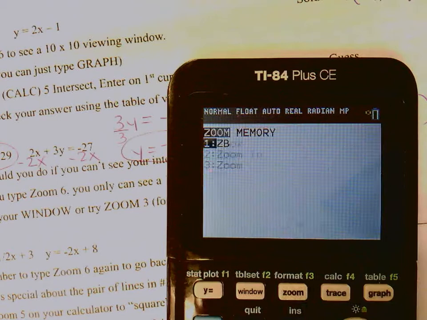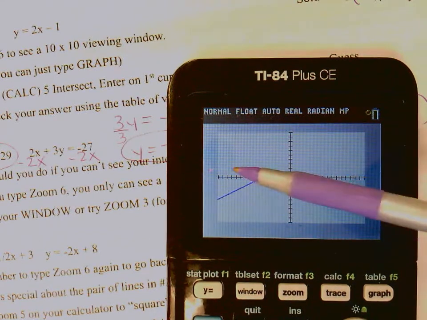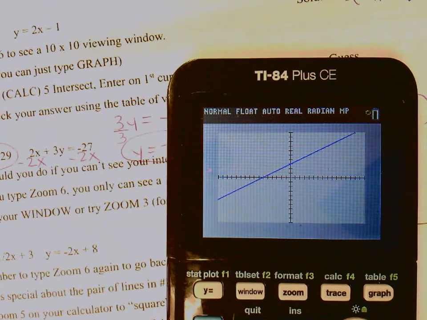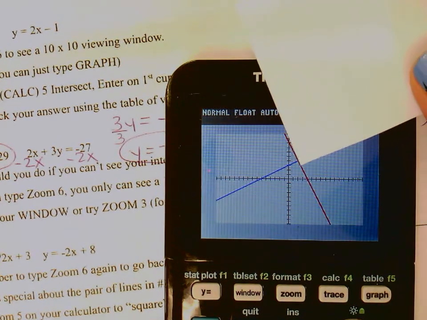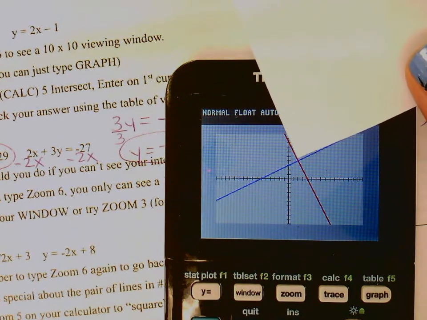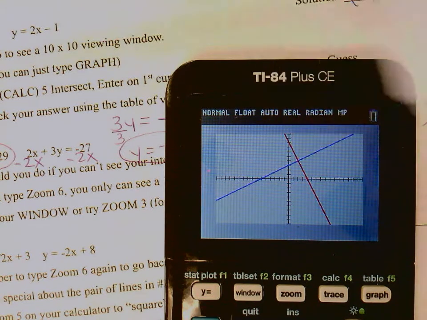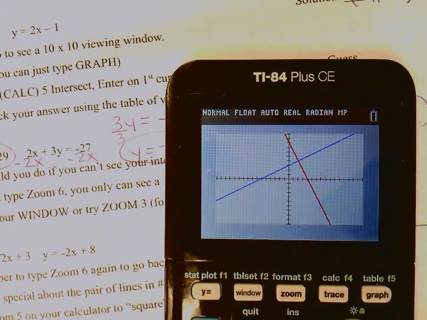If you hit zoom 5, it just squares up your viewing window so that it actually would look like a perpendicular set of lines. See how now I can fit the corner of my paper in there and it's a perfect 90-degree angle? So it applies to what we just learned, but now you still have to find their intersection point.